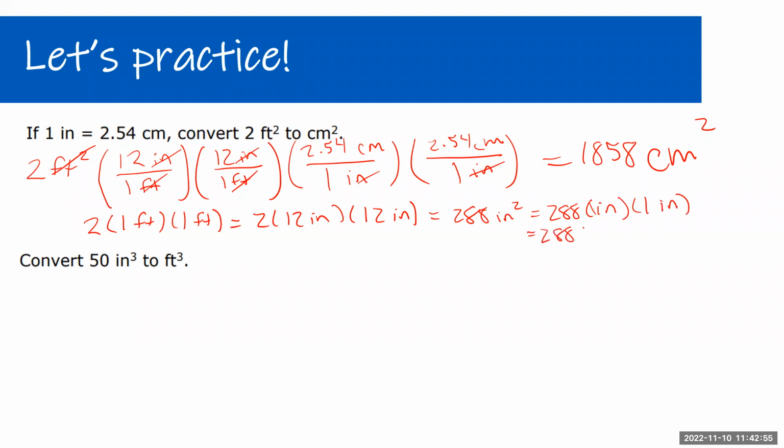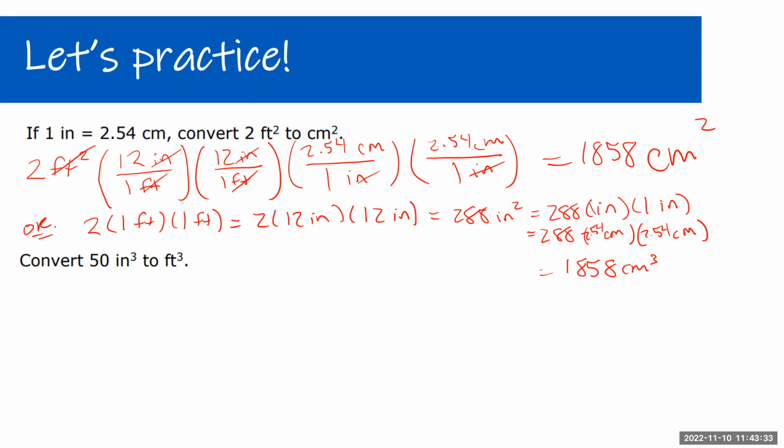Oh, how many centimeters? 2.54 and 2.54. My pen is not working here. So 288 times 2.54 times 2.54 is going to give you this same 1858 centimeters squared. So if you wanted to do it like we learned earlier, that's an equivalent mathematical way. You're going to get the same answer.